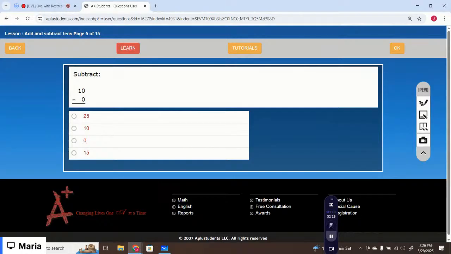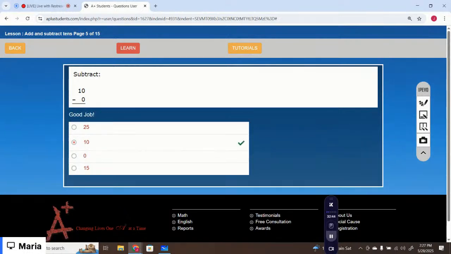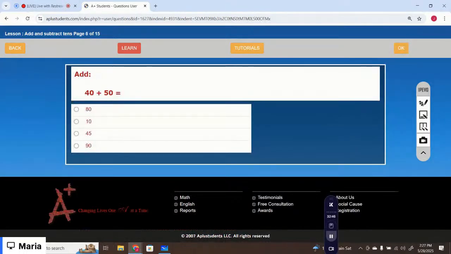10 minus 0 is 10. Option number two. 40 plus 50, which is the correct option?